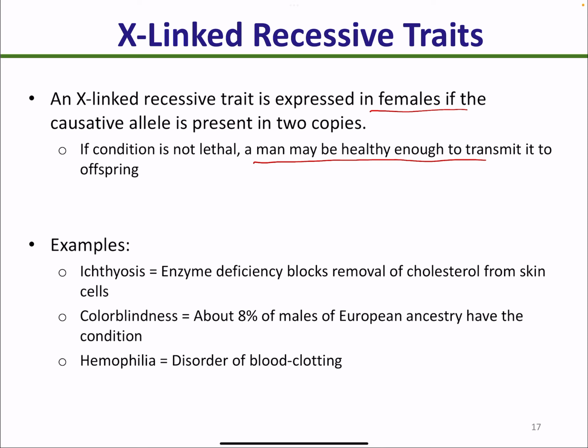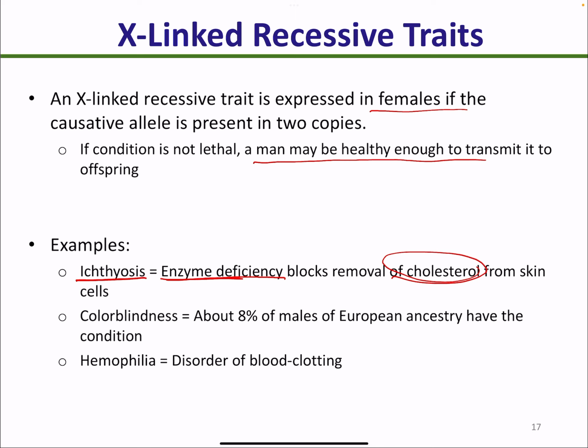Okay? Some examples are going to be ichthyosis, which is a case of dryness of the skin, right? The skin is kind of scaly. Here we have an enzyme that is missing. That enzyme that is missing is unable to process cholesterol from the skin. As a consequence of that, the skin is very dry.